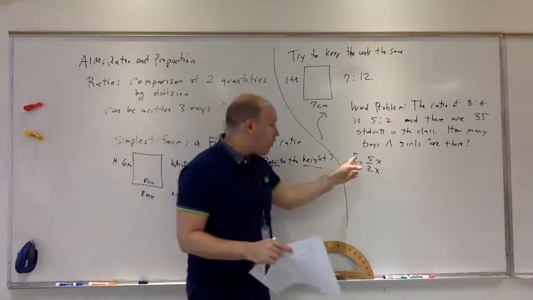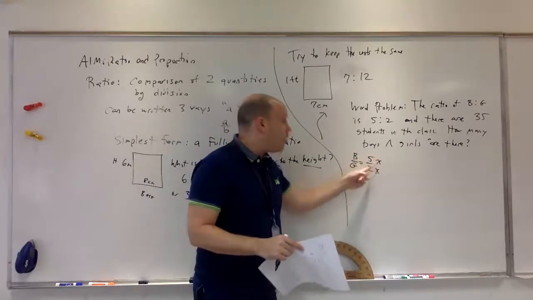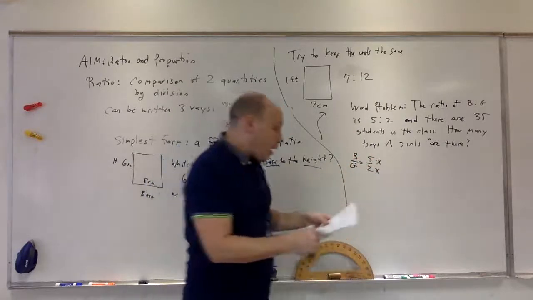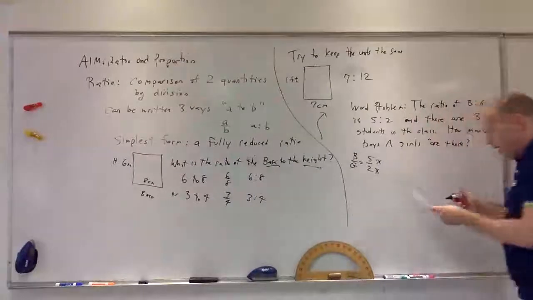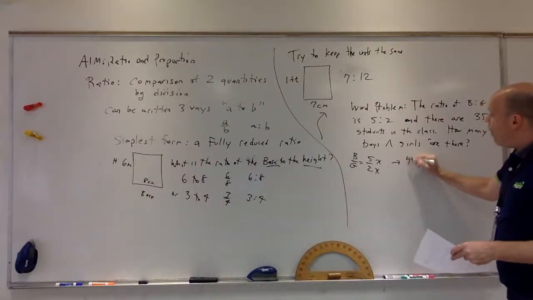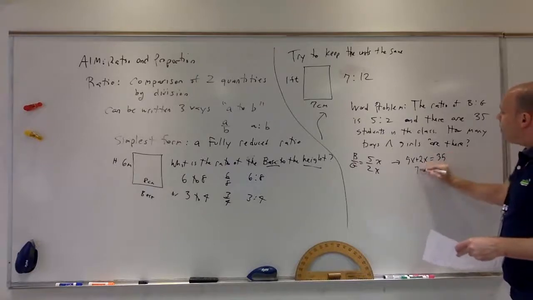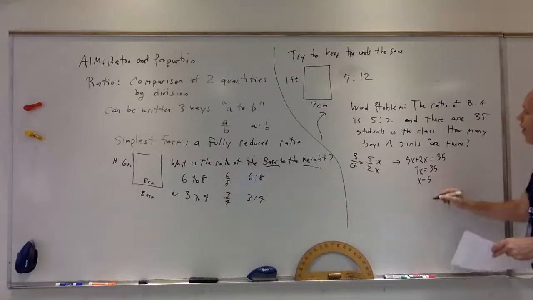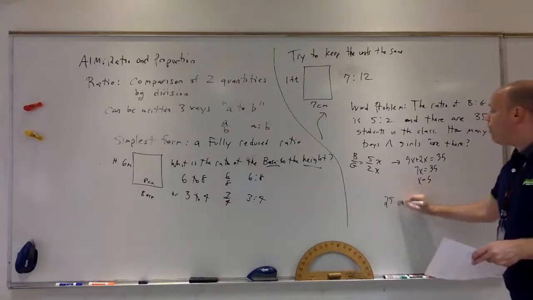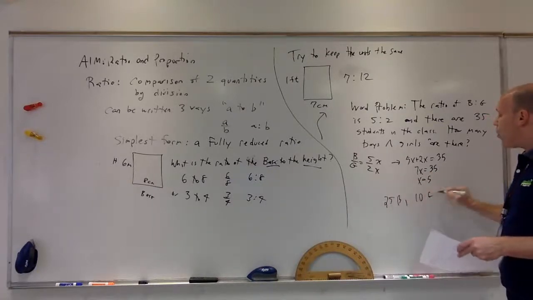So let's make the ratio of boys to girls 5x to 2x. Therefore, I can set up an equation: 5x plus 2x equals 35, 7x equals 35, x equals 5, and therefore there are 25 boys and 10 girls.